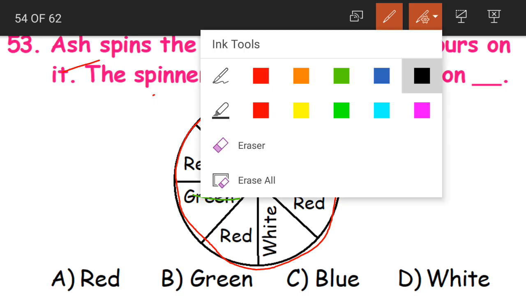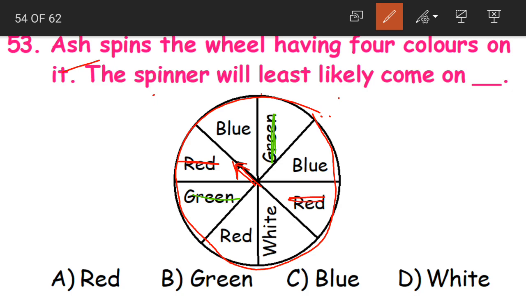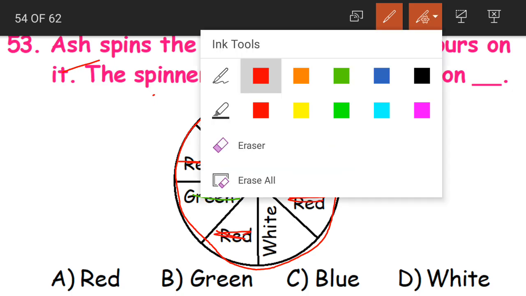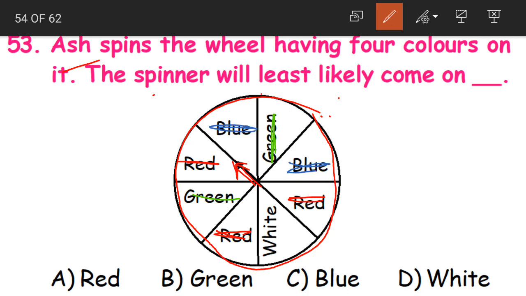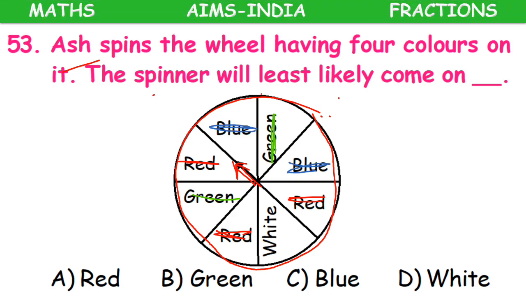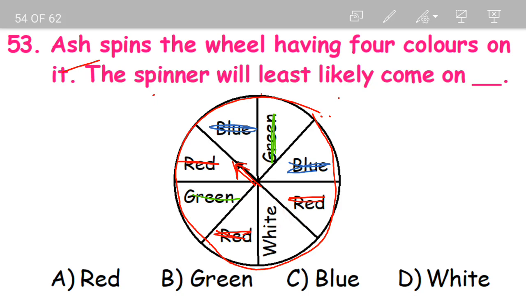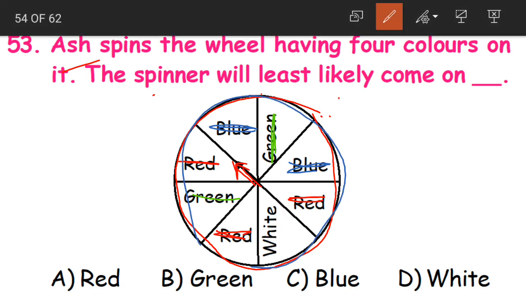And then if you look at red, red is repeated thrice, 3 times. And if you look at blue, blue has come twice. And if you look at white, white has come only once. Yes, out of these many colors we are having only one white.